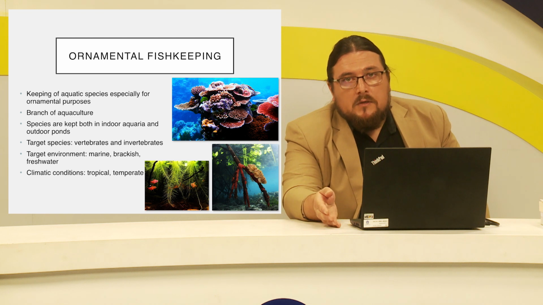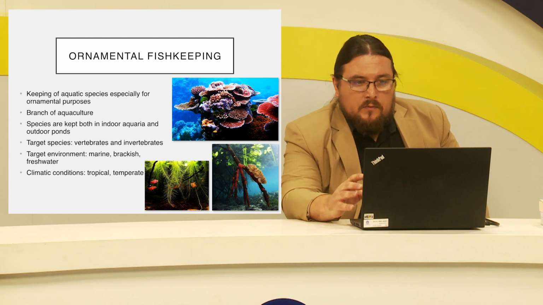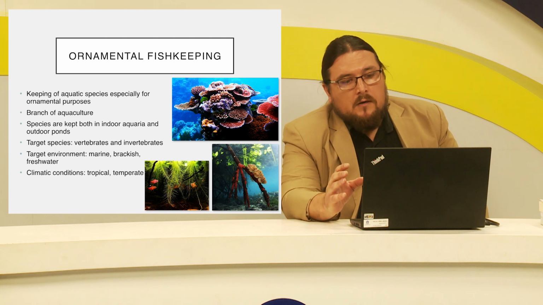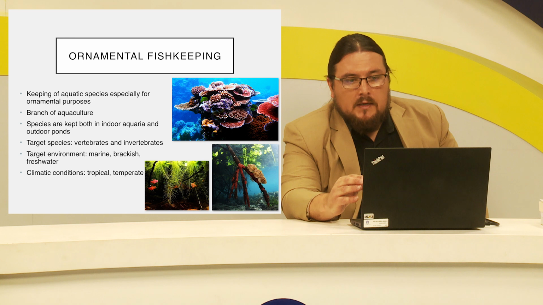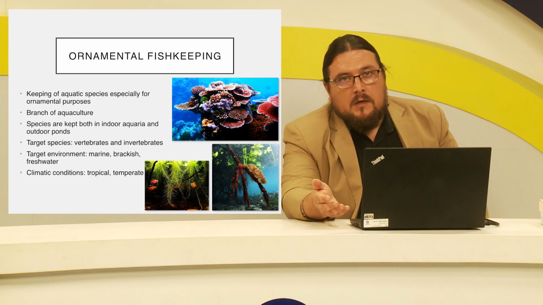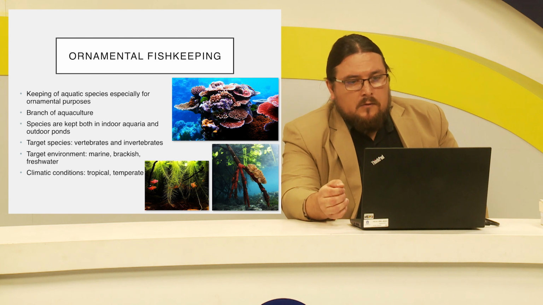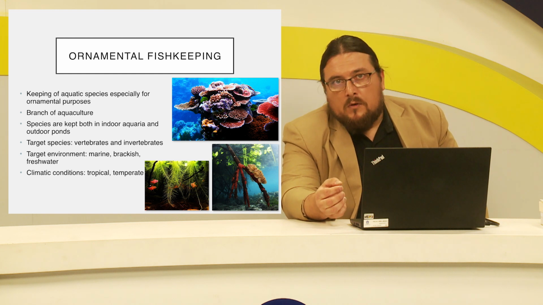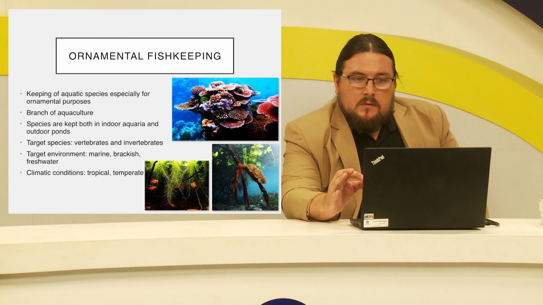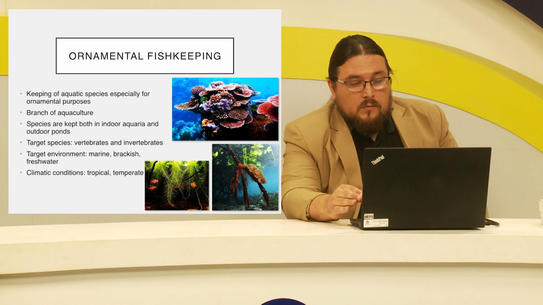Climatic conditions in ornamental aquaculture are typically tropical in case of indoor aquaria, because fishes and other animals from the tropical zone are much more attractively colored in comparison with animals from the temperate zone.